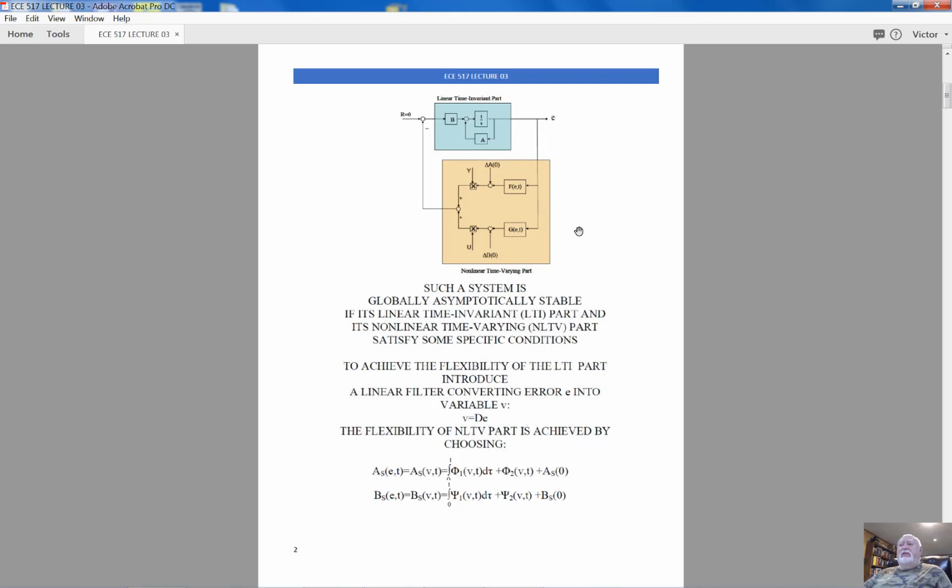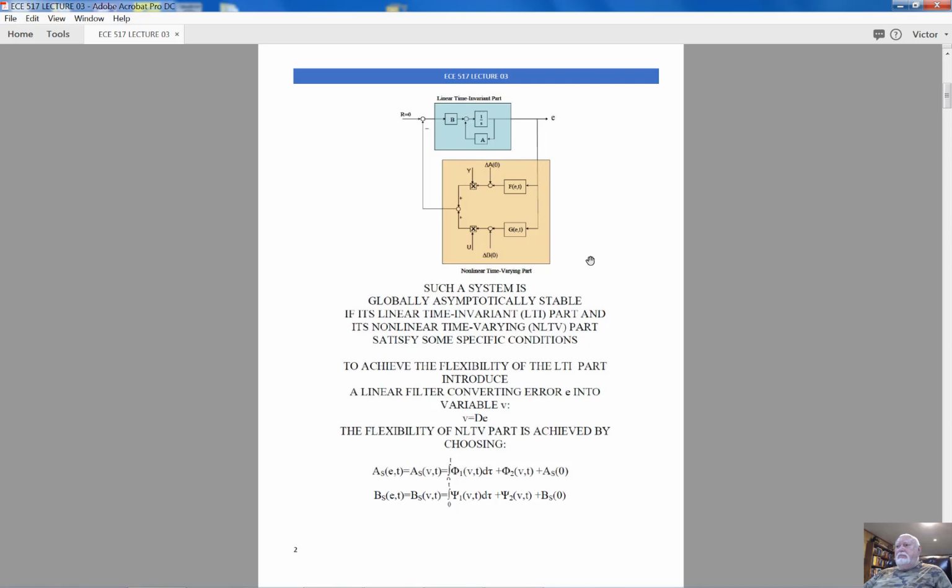As a matter of fact, there are two approaches that we can utilize. What will this approach require us to do? We have to impose special conditions on this linear time invariant part, and we will have to impose special conditions on this nonlinear time varying part. Conditions are mathematical conditions.